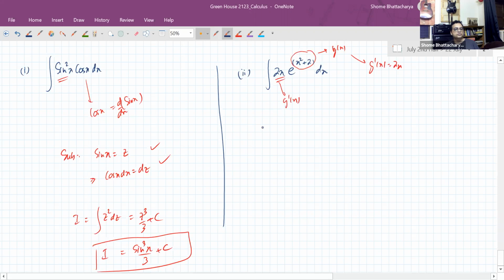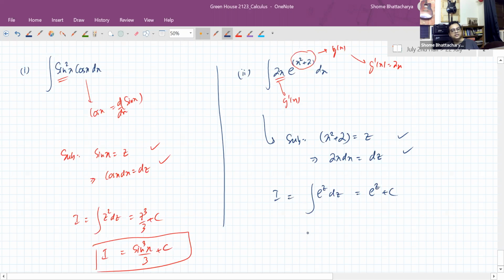So you substitute x square plus 2 as your dummy variable z. So 2x dx becomes dz. Now substitute both of these. The integral becomes e raised to the power z dz, that's e raised to the power z plus c, and then please substitute back. So that becomes your answer.